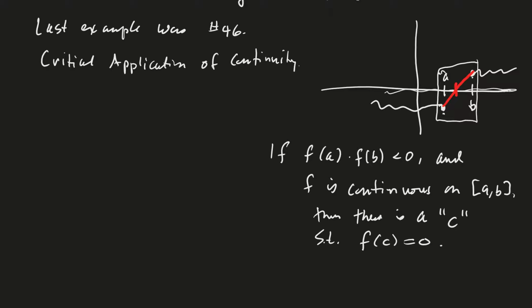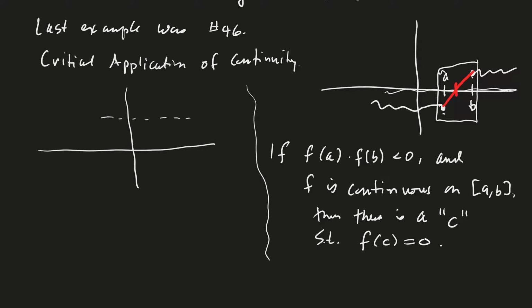Now, I should say that the theorem we're going to use is a little bit more general. So what is our theorem going to look like? Suppose that I have a number, I'm going to call it n, on the y-axis. Here, by the way, the number was 0.